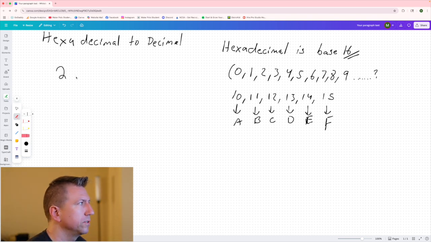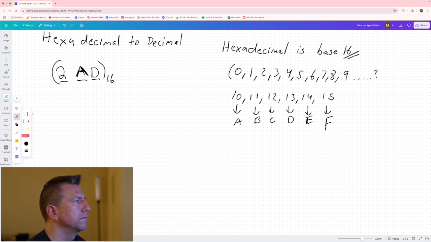So we're going to use 2AD. There we go, 2AD. And this is going to be base 16 for hexadecimal. And we have 3 places here, and we want to know what each of those are.